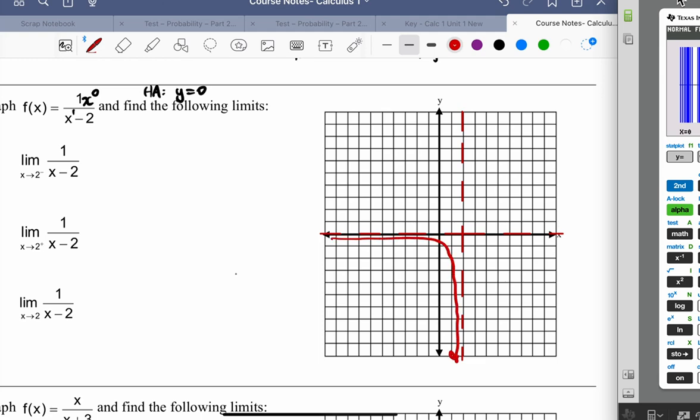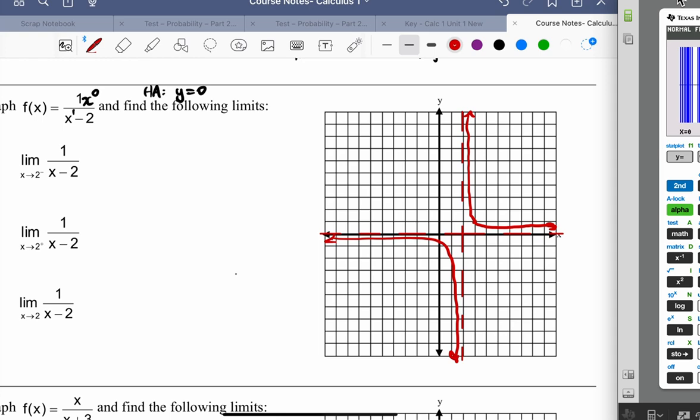We just need a general shape of the curve. If I dump a 3 in there, I get a 1. That'll put me right there. There are no common factors top and bottom, which means there is no hole in the graph. So I don't have to worry about an open circle anywhere.